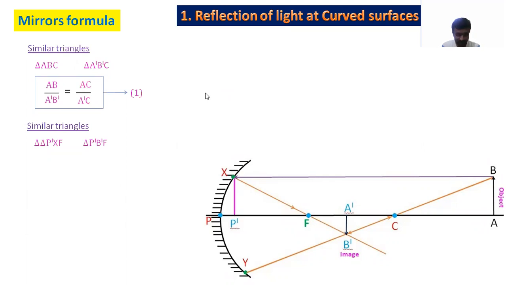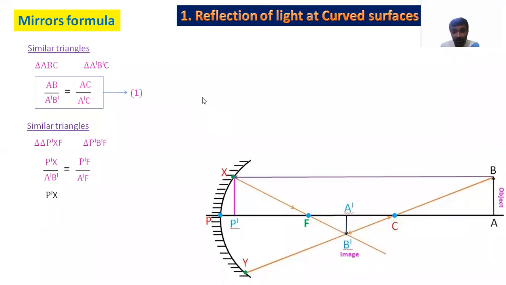The relation we can write from the triangle's second set: P dash X by A dash B dash is equal to P dash F by A dash F, or F A dash also, no problem. So this is one of the relations I got.